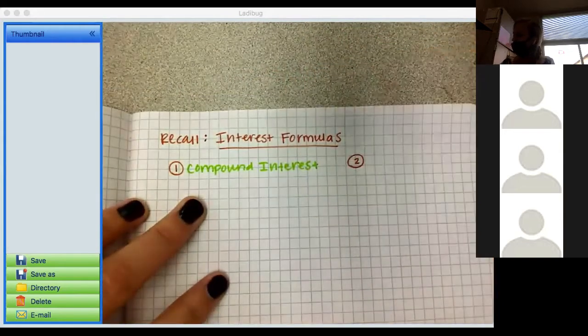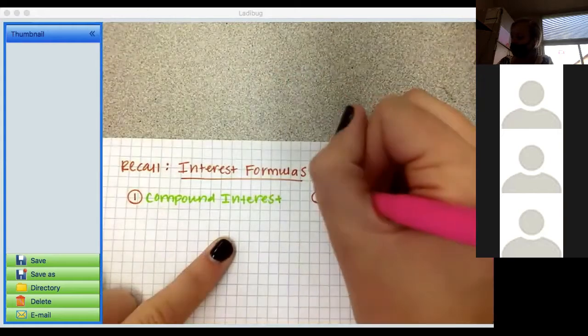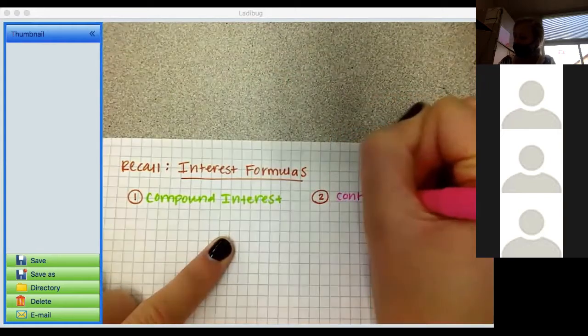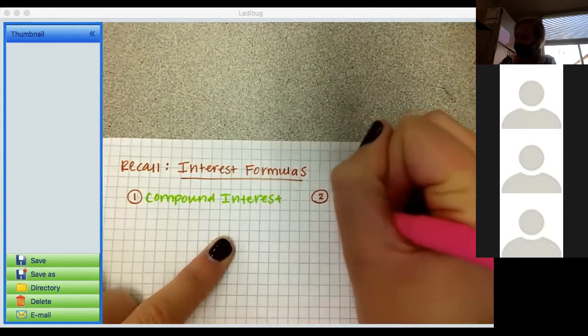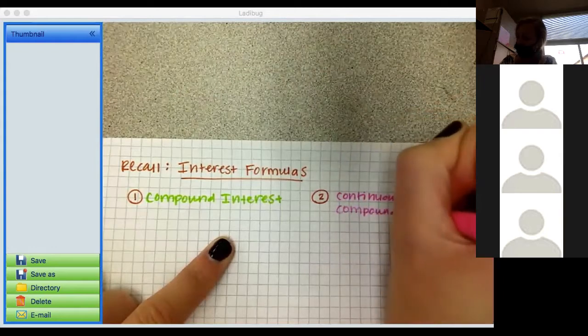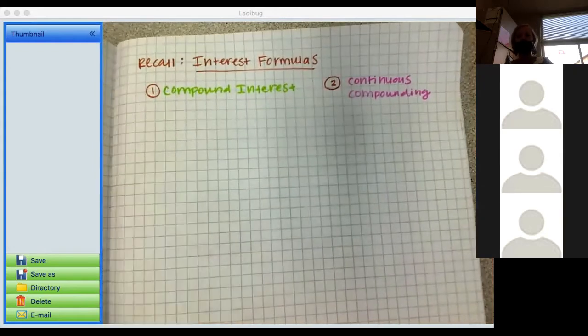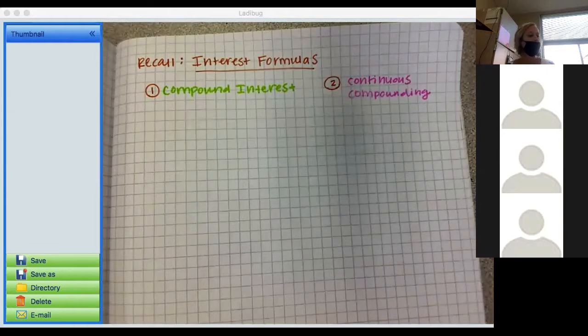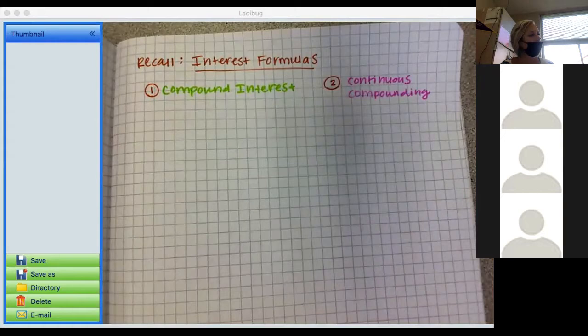And your second one is your continuous compounding formula. All right, are y'all okay for these if I continue just making up examples?